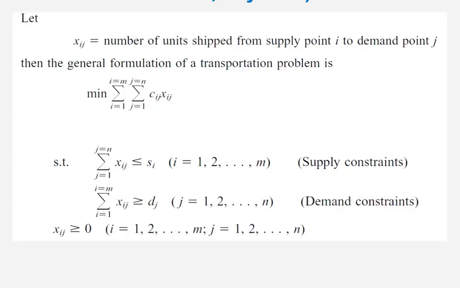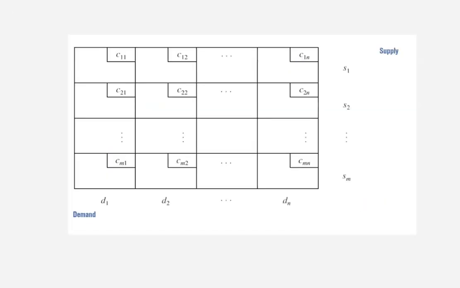So today we're going to look at a few heuristic methods that find a starting basic feasible solution for the transportation problem. To do that, first we need to set up what we call a transportation tableau. In a transportation tableau, we have m times n cells, which is m rows and n columns.